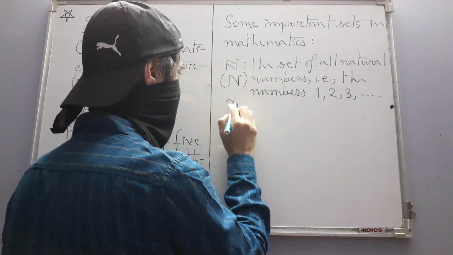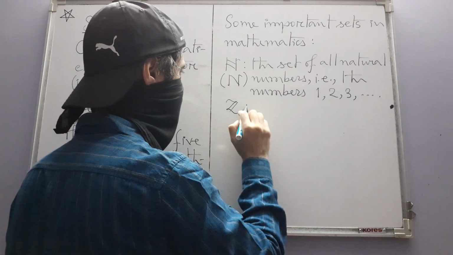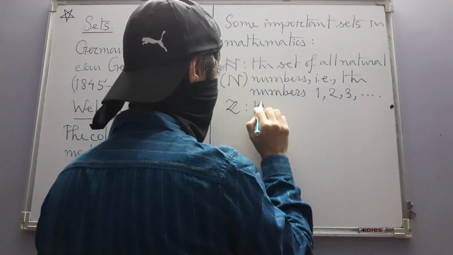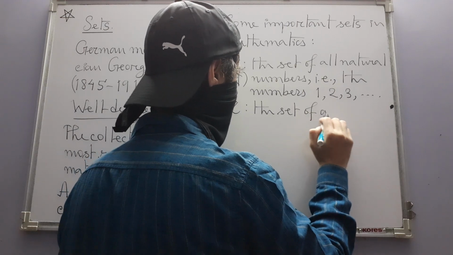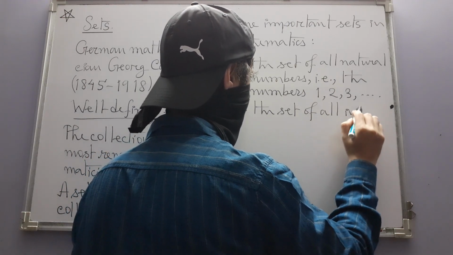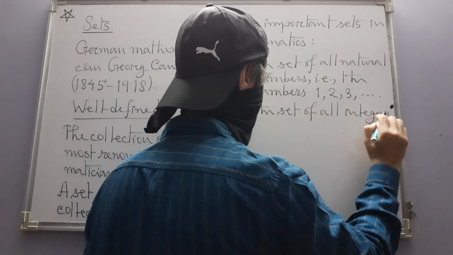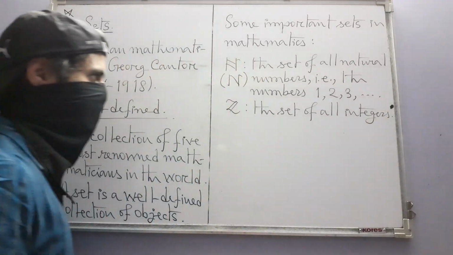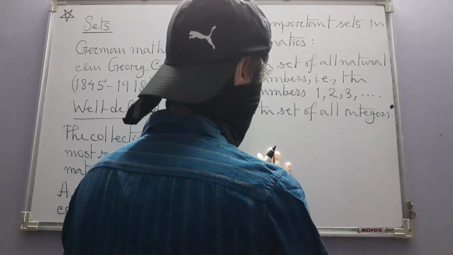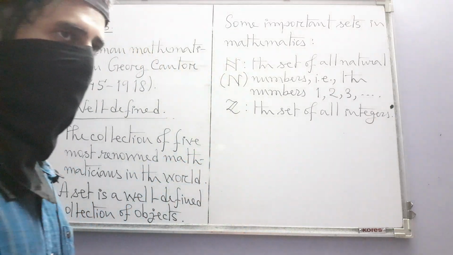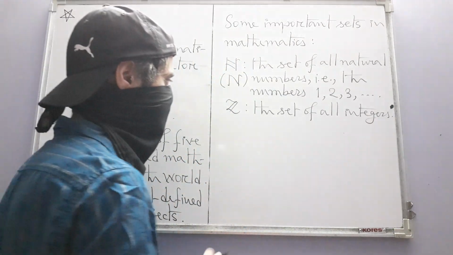Then comes Z, the set of all integers. These are integral numbers, non-fractional numbers. They can be positive or negative, and there is 0 of course also.